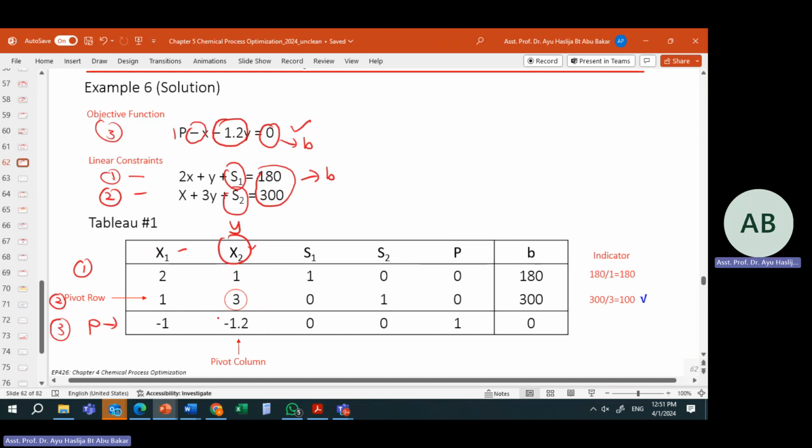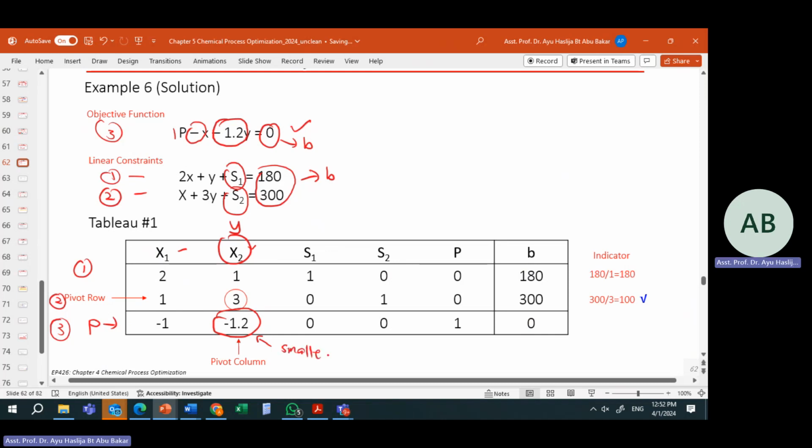Why do we choose this as the pivot column? Why negative 1.2, not negative 1? Cannot think? Okay, I give you the answer. Because of the smallest negative value.